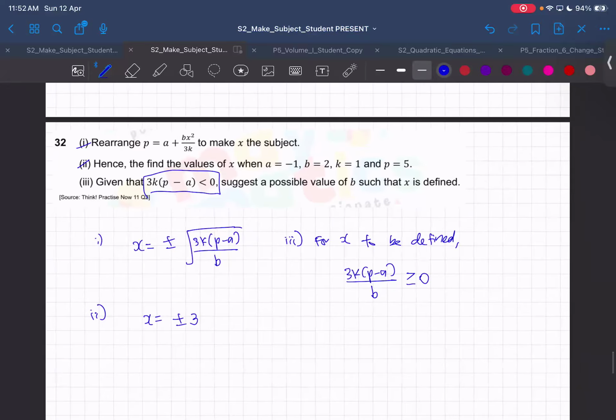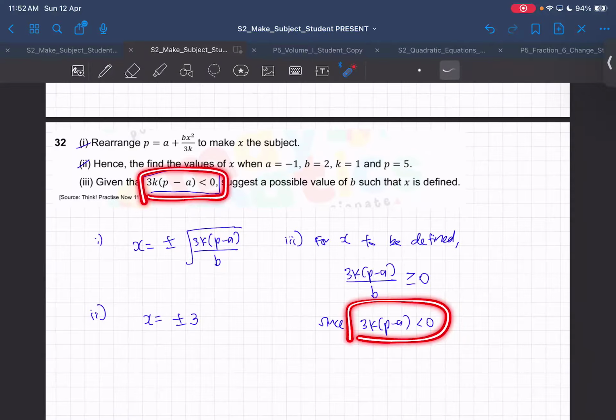Since we know that 3k(p minus a) is less than 0, because the question tells me that it's less than 0, this is negative. How to make sure that this entire thing is positive?